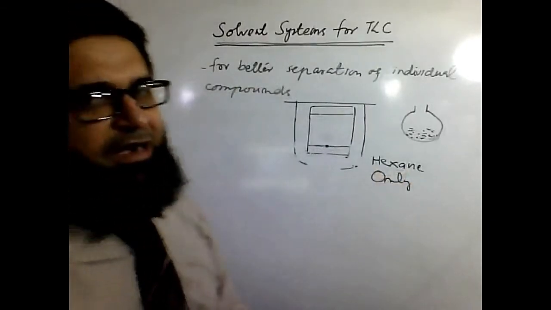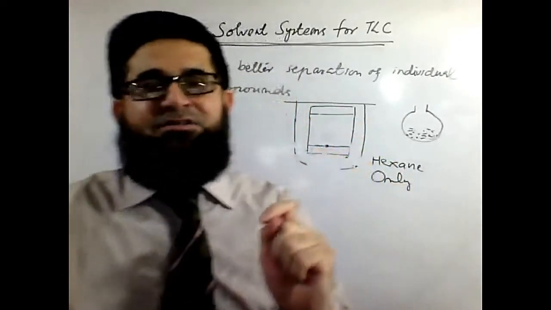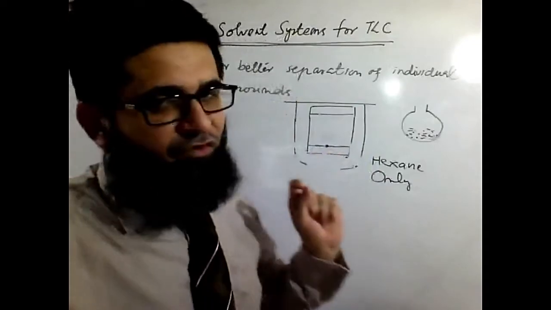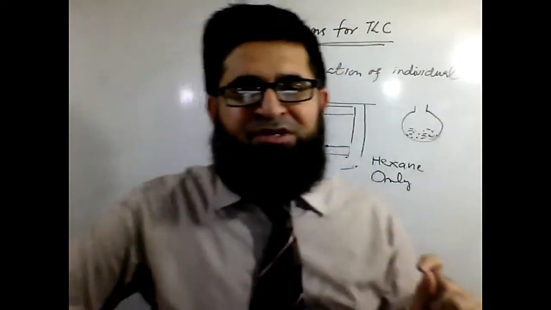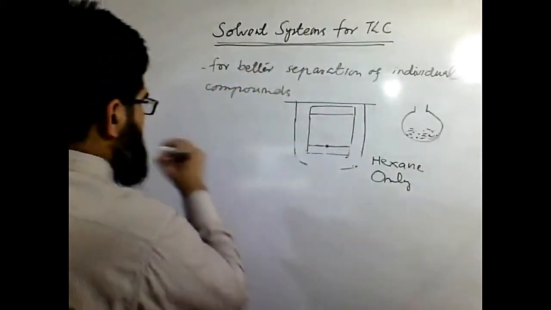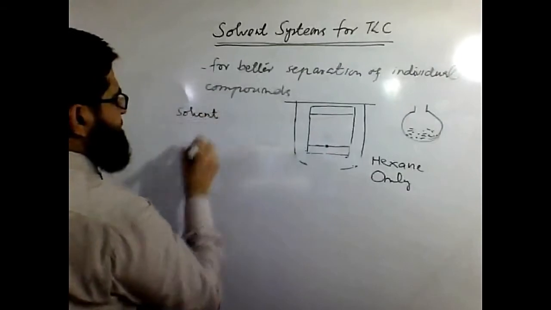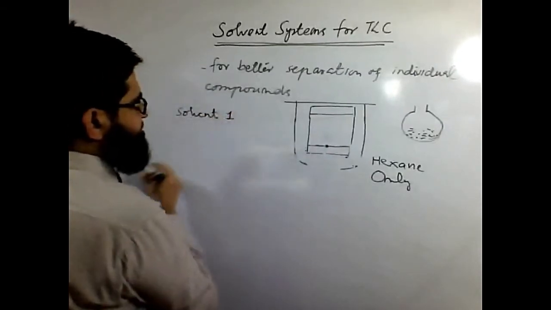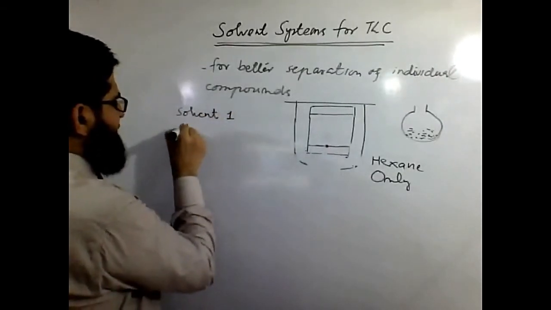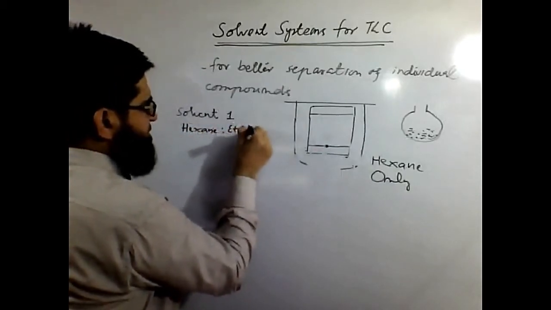We have an idea the solvent which was only a single solvent, it was a non-polar hexane only, so it hasn't worked a lot, it has confused us, it has shown two merging spots. So then we can bring the solvent system 1. What was that? It was hexane plus ethyl acetate.